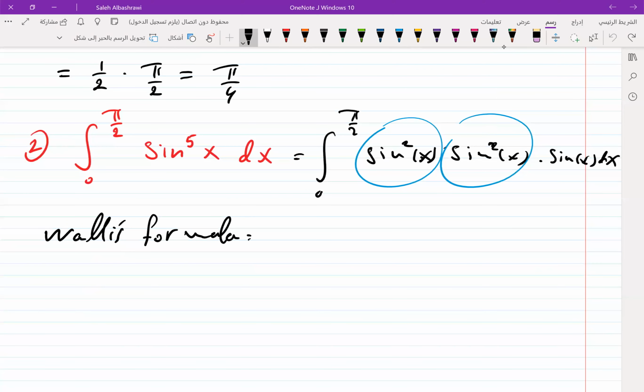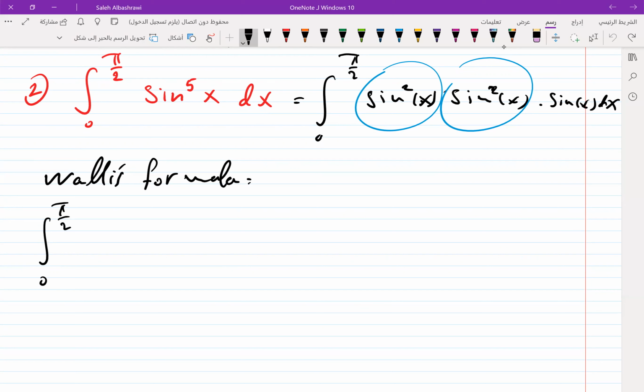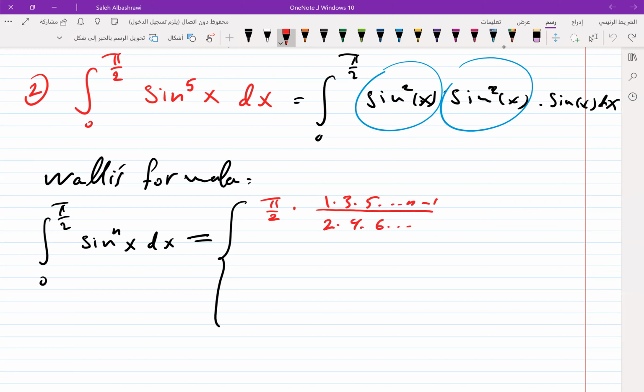The Wallis formula says that if we have the integral from 0 to pi over 2 of sine to power n x dx, it is equal to pi over 2 multiplied by 1 by 3 by 5 up to n minus 1, divided by 2 multiplied by 4 by 6 up to n.